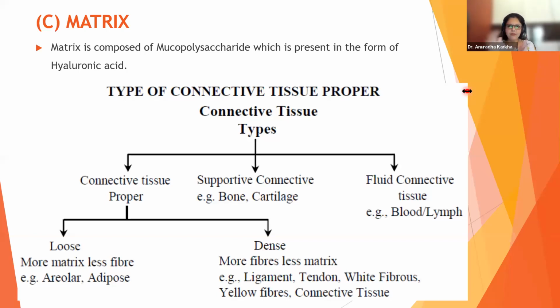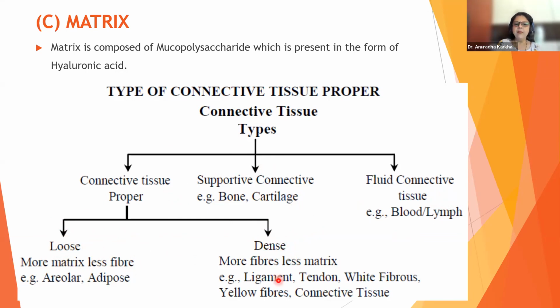So what are the different types of connective tissue? We have connective tissue proper, supportive connective tissue, and fluid connective tissue. In connective tissue proper we have loose and dense. Loose has more matrix, less fibers. Example, adipose tissue and areolar tissue. These are the examples of connective tissue proper which are loose. Connective tissue proper which is dense has more fiber and less matrix.